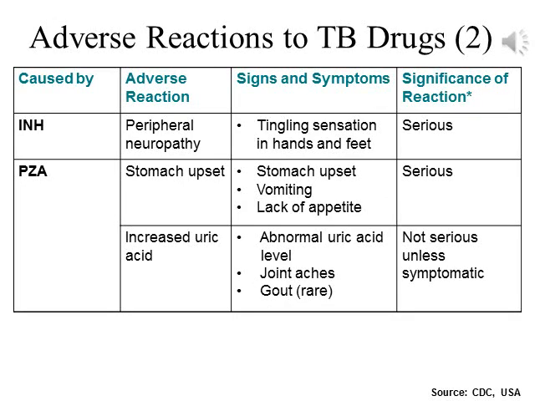Isoniazid can lead to peripheral neuropathy, which can lead to tingling sensation in hands and feet, which is quite a serious side effect. Normally, pyridoxine tablets are given along with the anti-TB treatment, which usually prevents this side effect.